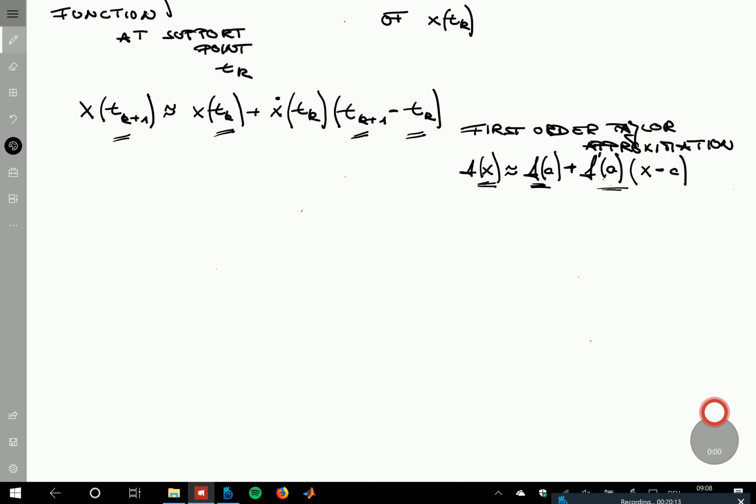But there it works. So if you go to smaller and smaller distances, t_{k+1} minus t_k, then you can also approximate complex functions with complex trajectories well with a first order Taylor approximation. So that's the basic first idea of this Euler method.